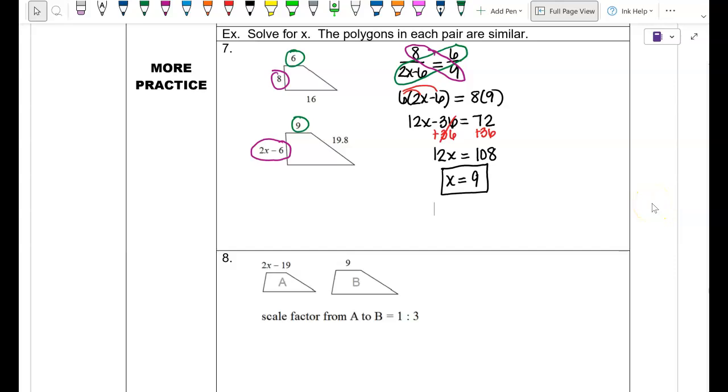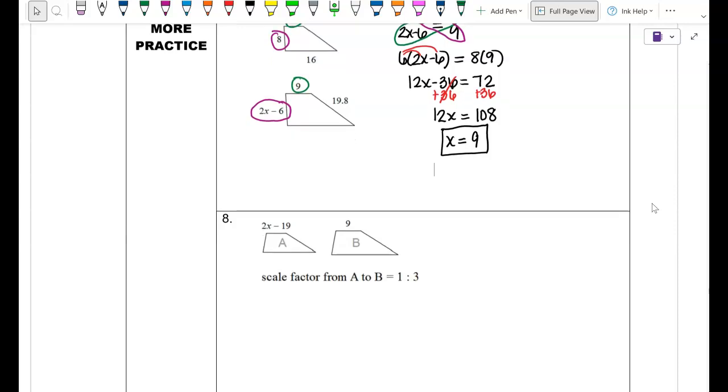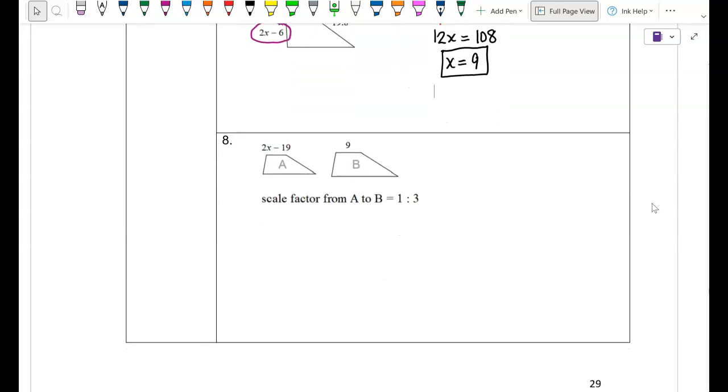And again, they're going to give us an example using just the A to B, like in number 8 here. So they tell us the scale factor from A to B is 1 to 3. So A over B equals 1 over 3. This time the A is on the left, so we're going from the left to the right this time.